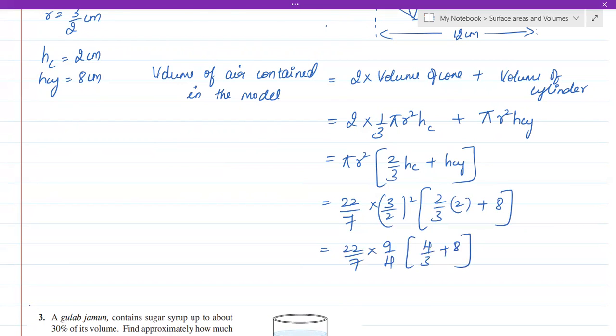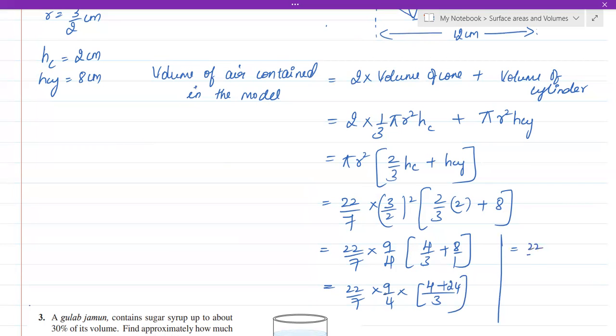Okay, and let's simplify this. So 22/7 into 9/4 into, if you take LCM, 8 can be 8/1. The LCM, shortcut method, multiply the denominators: 3 into 1 is 3. Then crisscross: 4 into 1 is 4, 8 3s are 24. Okay, let me solve the next step here.